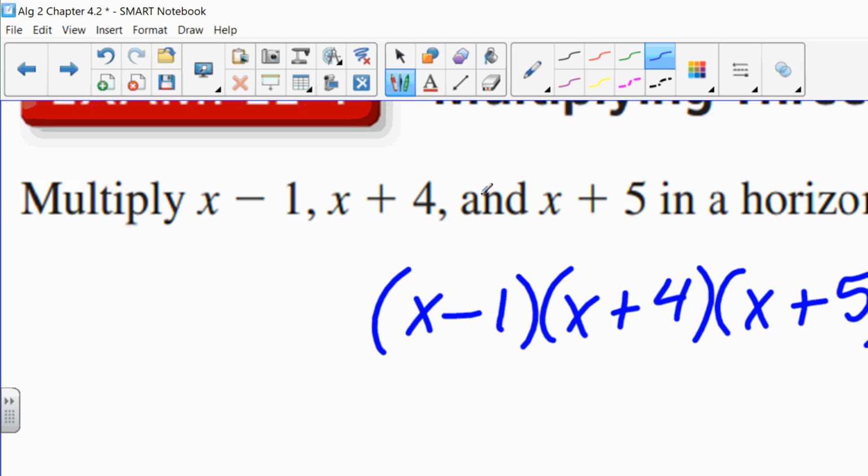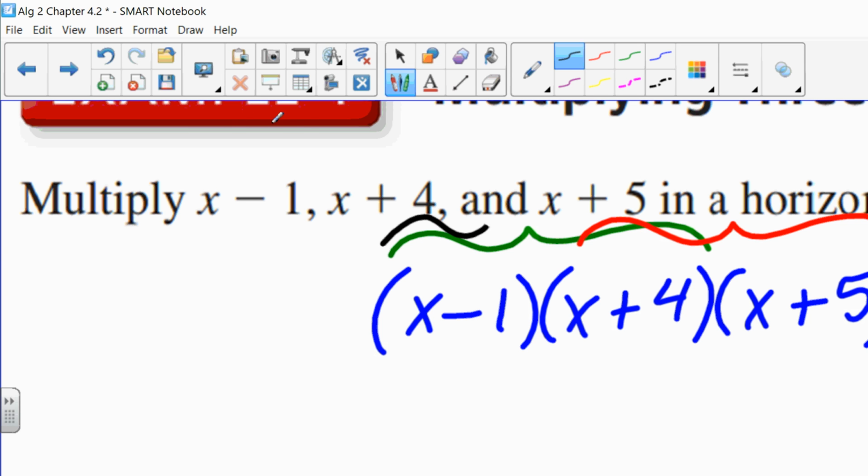And when we multiply more than 2 things together, the order in which we multiply them really doesn't matter. So if I wanted to, I could multiply those 2 together first. Or we could multiply those 2 together first. Or if we wanted to be a little bit weird, we could multiply this one and that one together and kind of jump over the middle one.